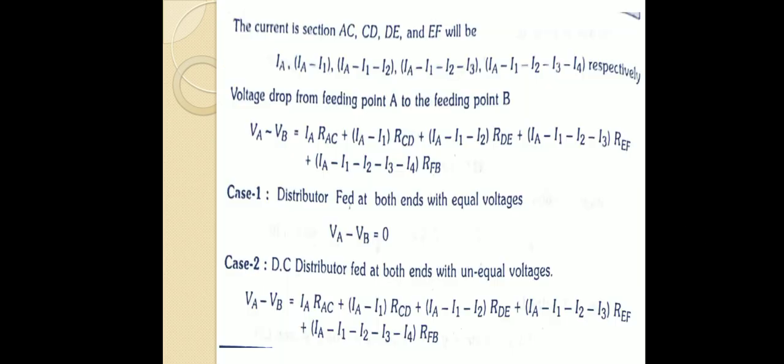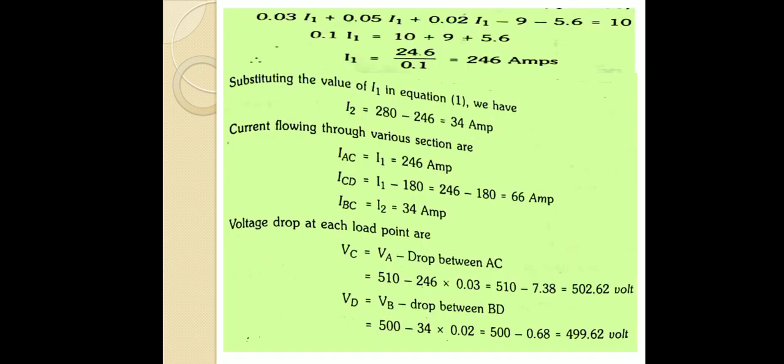For unequal voltages, VA minus VB is equal to the voltage drop in each section, which is why we calculate it here. Simplifying that, we get the I1 value, I1 equal to 246 amps.